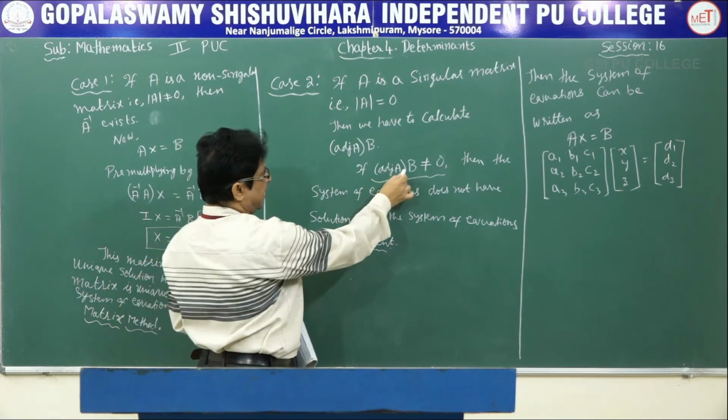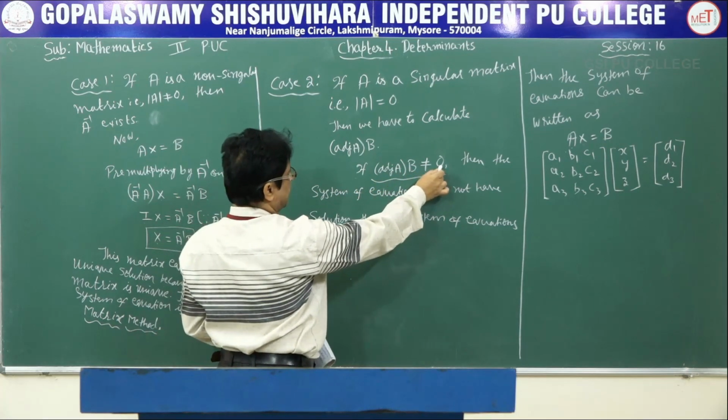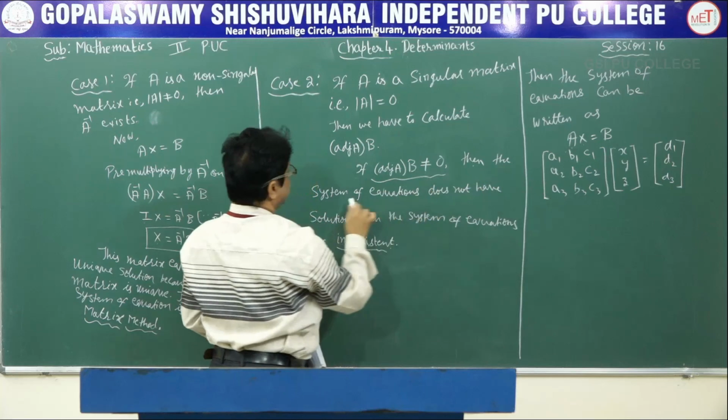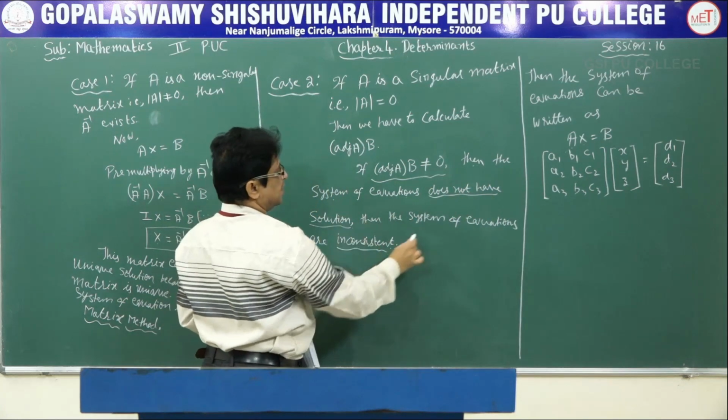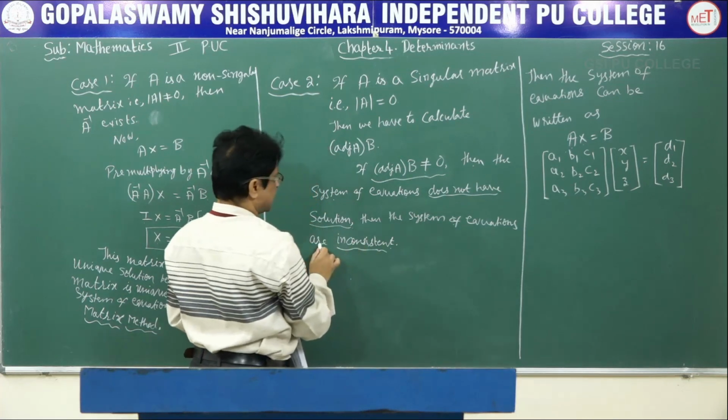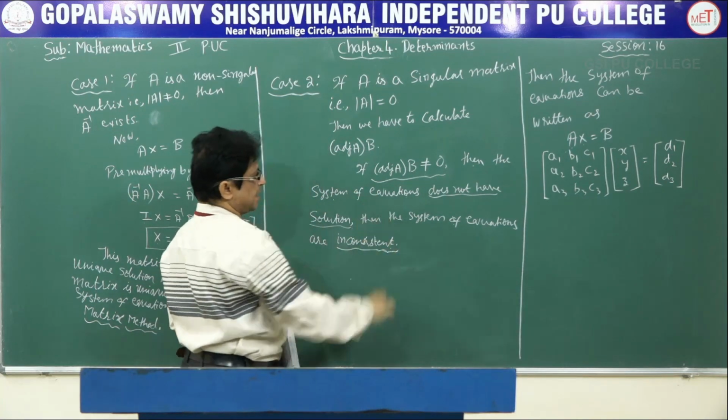If adjoint A into B is not equal to null matrix, then the system of equations does not have solution. Then the system of equations is inconsistent.